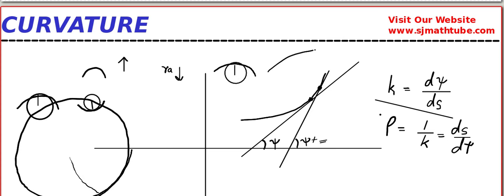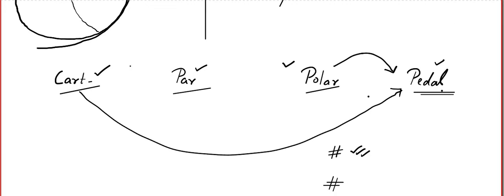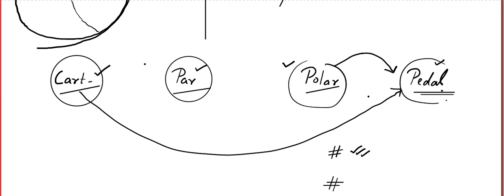And if the curvature is less, then the circle will be big and the radius will be big. So they are inversely proportional. And then I told you, you have to be sure with 4 concepts: Cartesian form, parametric form, polar form and pedal form. Anyway, in this video we did some very basic stuff in Cartesian and parametric. Parametric we didn't do, we just wrote the formula.